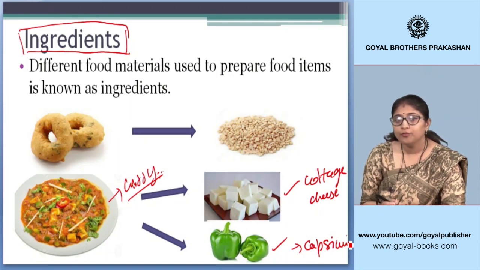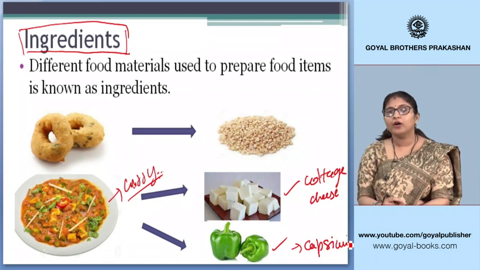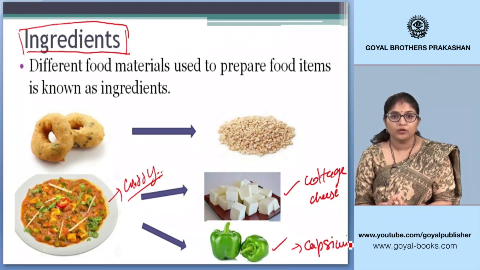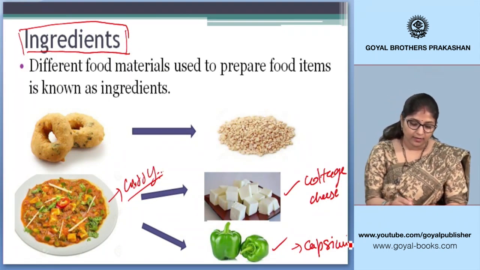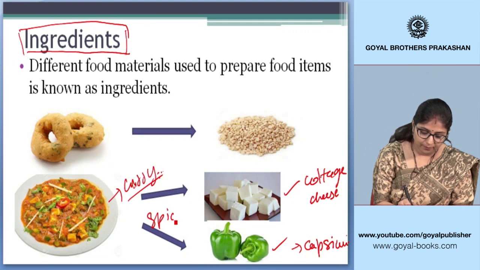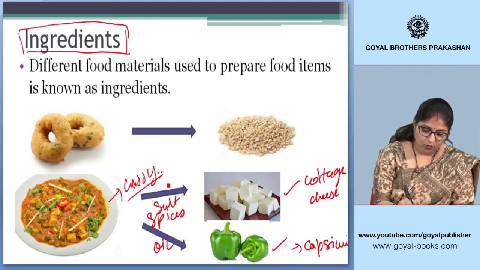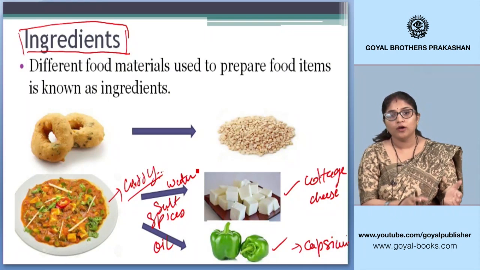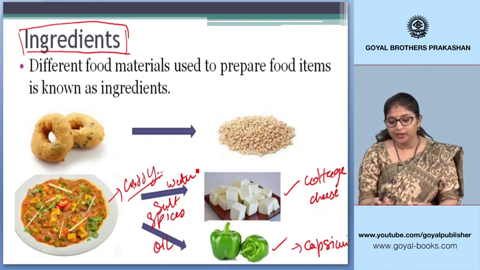And apart from these 2 main ingredients, we also have other ingredients that we use to bring out the taste of this particular curry, and that is spices, oil, salt, water, etc.